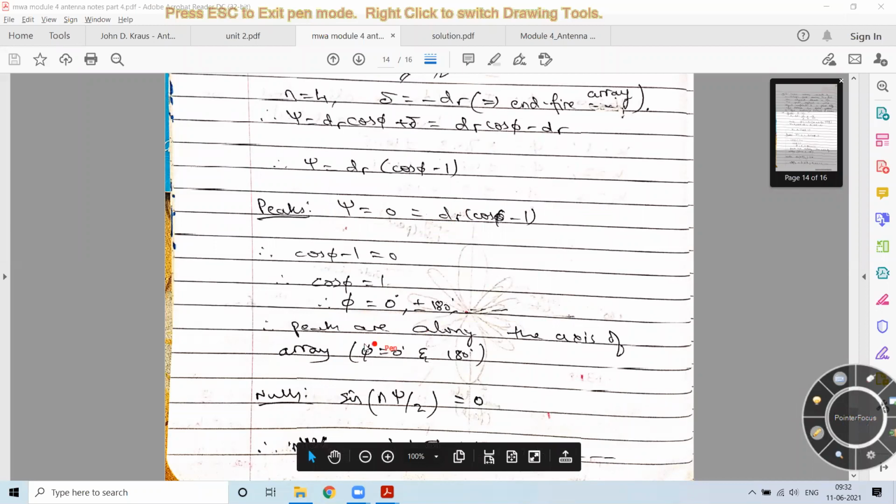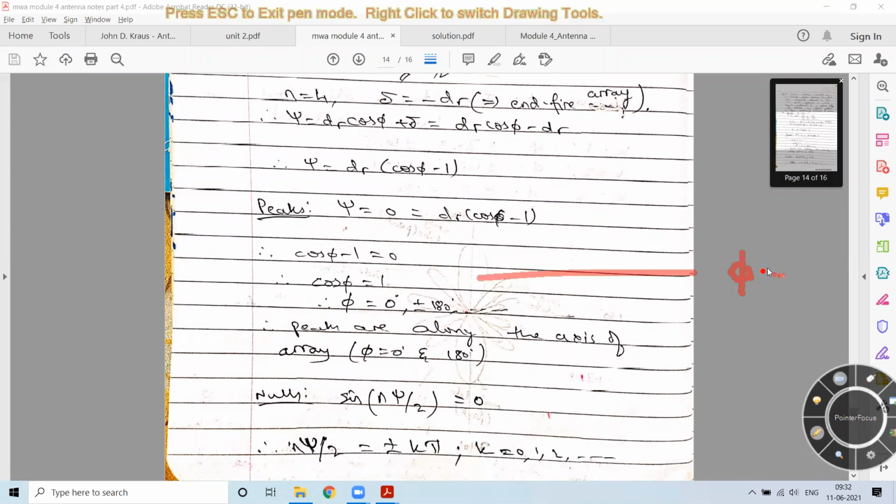If I write it in a general form, what is the condition? You can see that if phi is equal to 0, then I also have 180 degrees. So as per this condition, at 0 degrees I have a maximum, and at 180 degrees I also have a maximum.